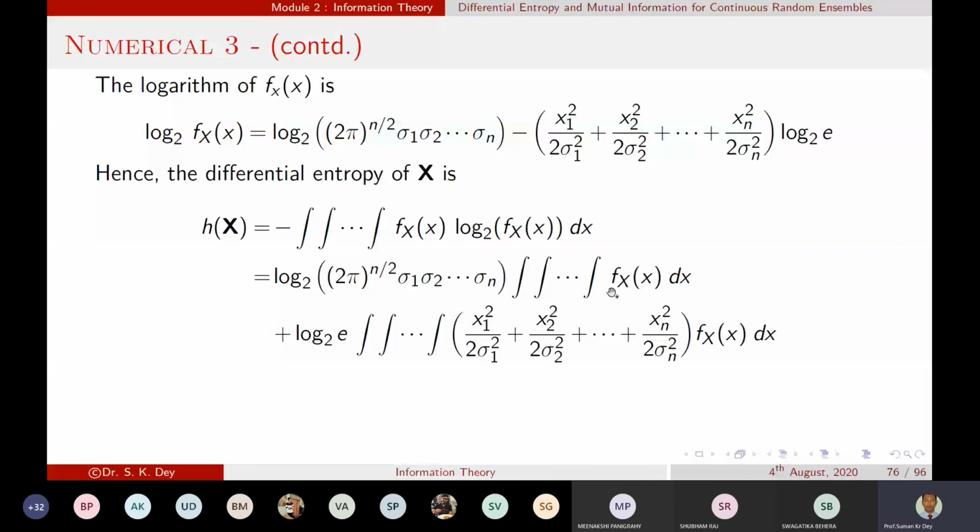Is that clear? In mathematics, sometimes when there is a single dx and many integrations, it indicates all the integration will be done with respect to dx only, not in terms of other variables. Okay.